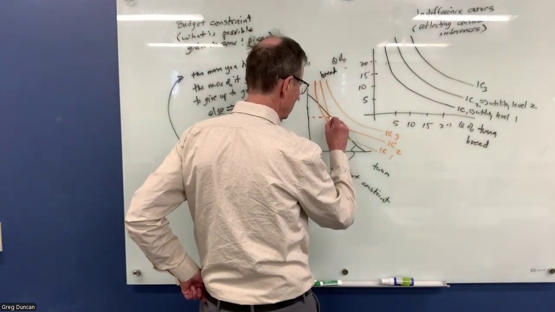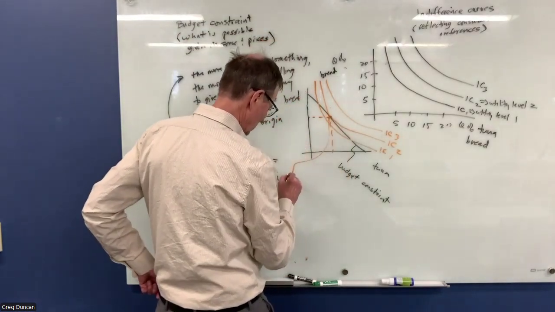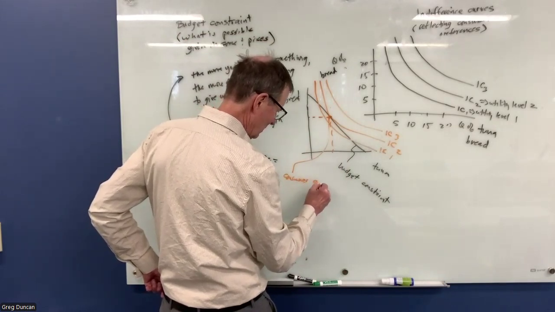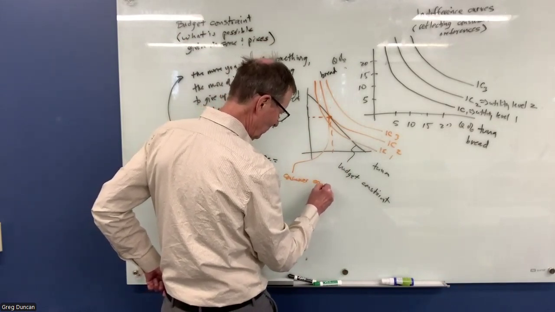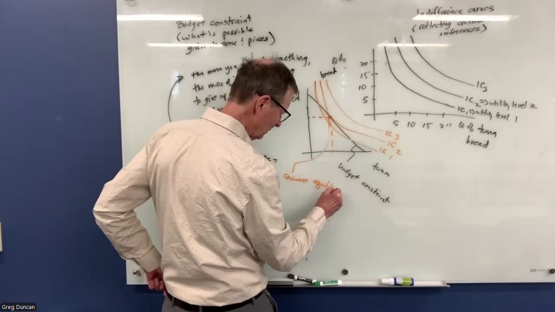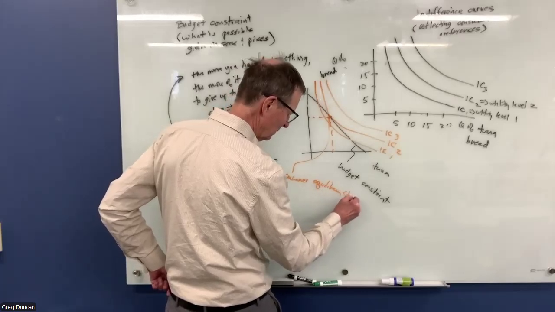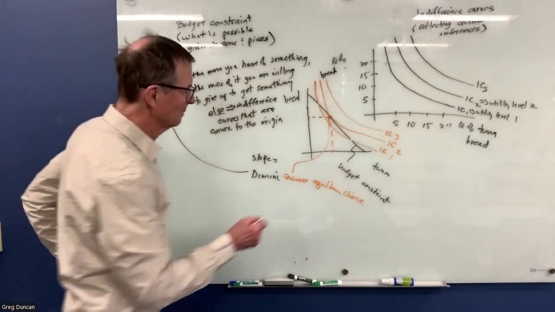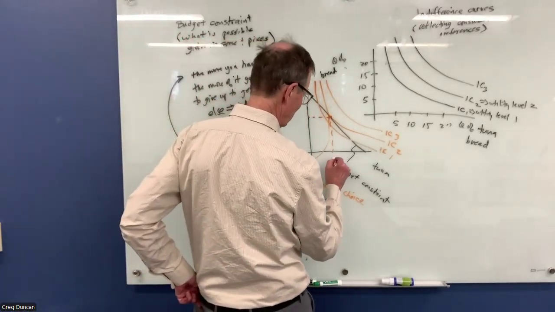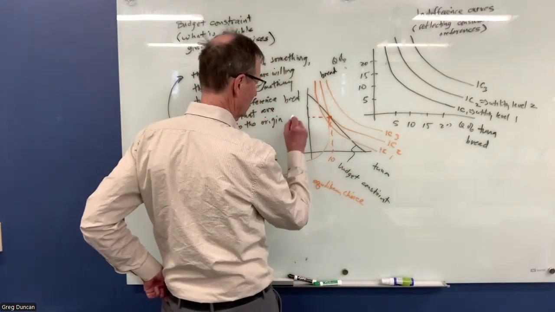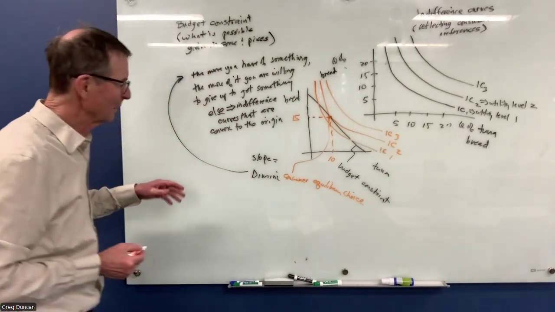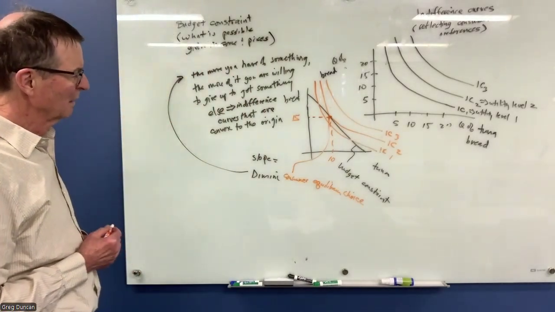So this is the consumer equilibrium choice. Once they're at, let's say, 10 cans of tuna and 15 loaves of bread, we're dealing with different prices than we had before.